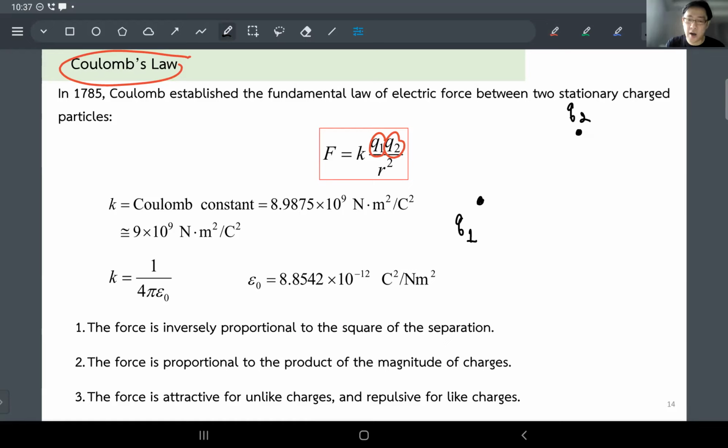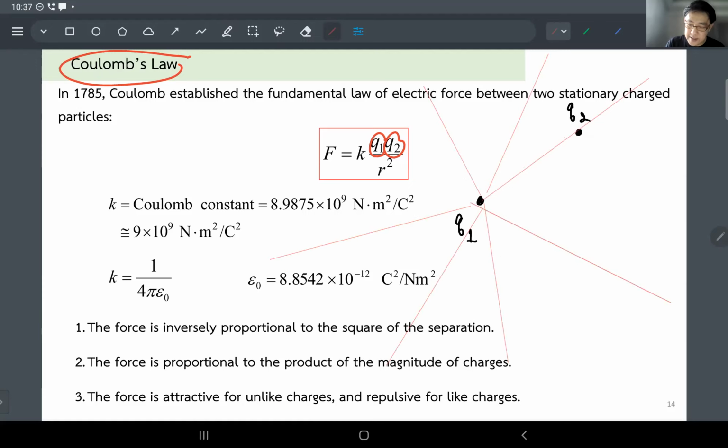Now, I'm going to talk about this one just one last time, guys. One last time. We can think about this in terms of the field. Let's start with that. So Q1 will generate the field everywhere around it.